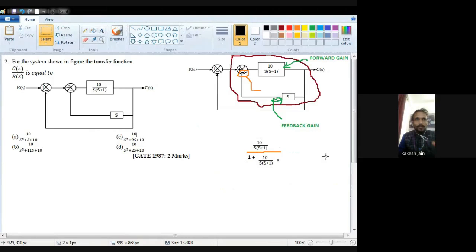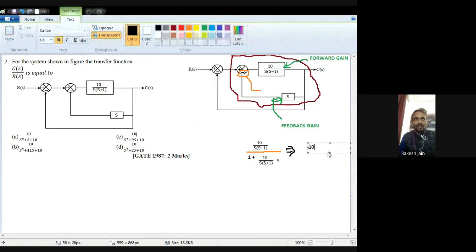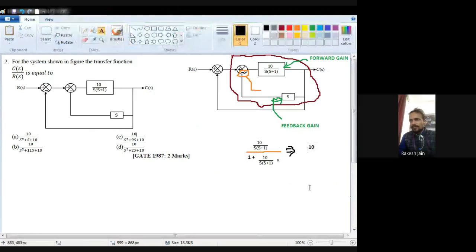Now I will solve this. See, when I solve this one, 10 upon S, S plus 1. So I just put S, S plus 1 as the denominator, LCM.